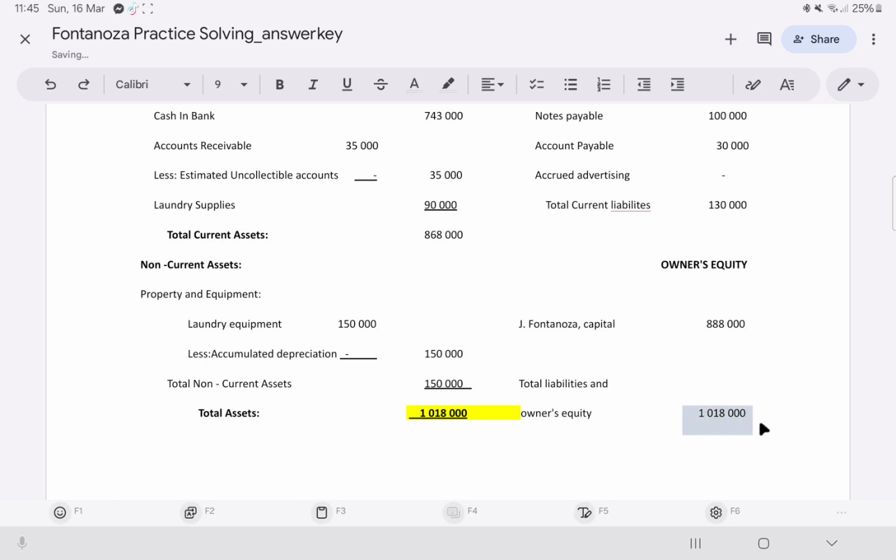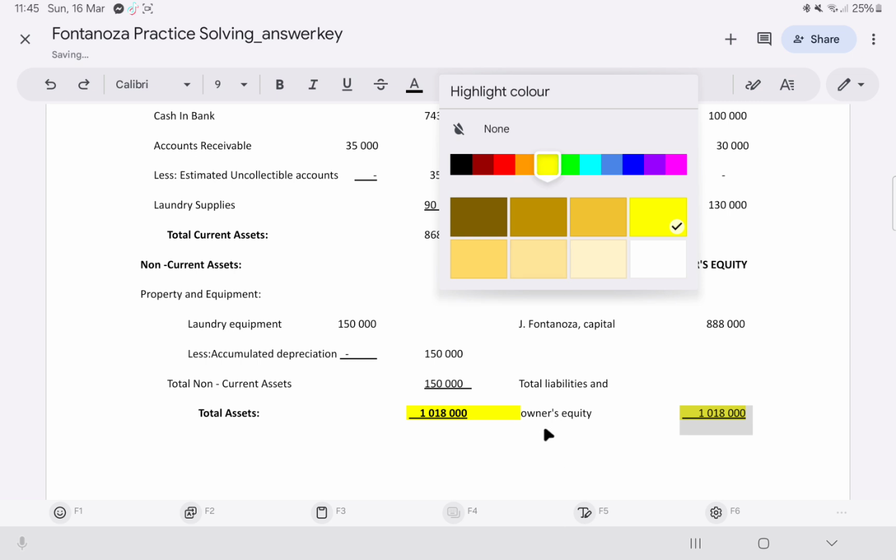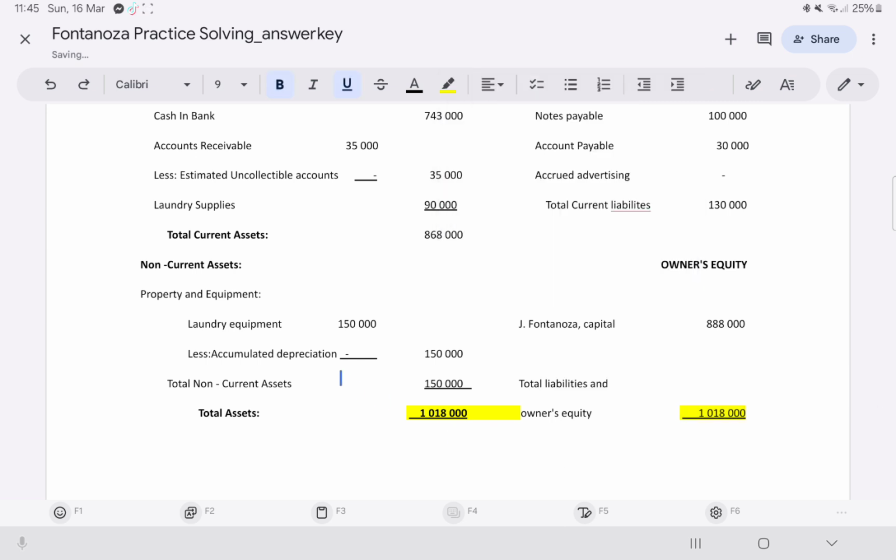So that's our total liabilities and owner's equity. And it should be a double line, for us to determine that this is balanced. I will be marking a double line with yellow highlight, because I cannot double line this one since I'm using Google Forms.